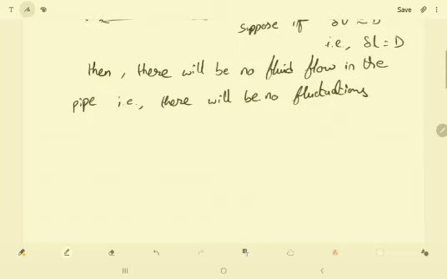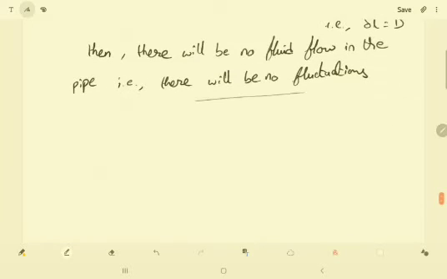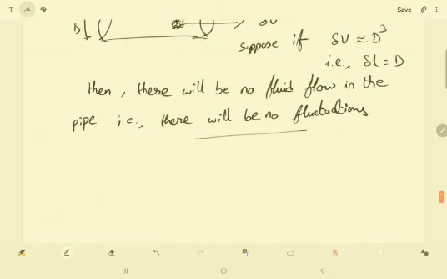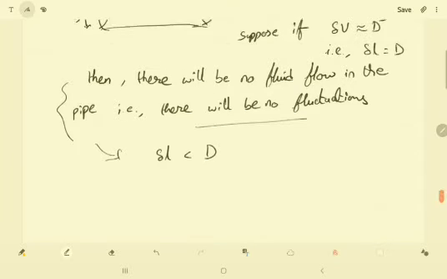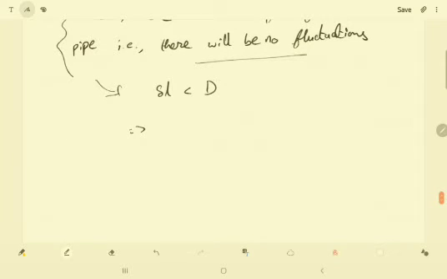No fluctuations means there will be no force which causes the fluid to move from one end of the pipe to the other end. So to validate this equation, we need a delta L which is smaller than the diameter of the pipe. That means delta L cube, which equals delta V, should be much smaller than D cube.